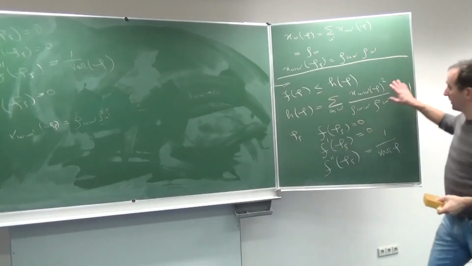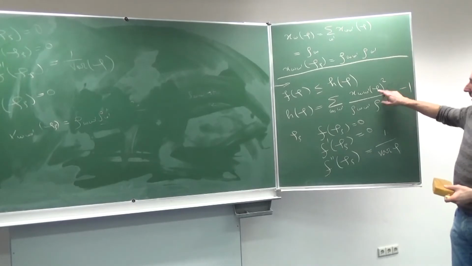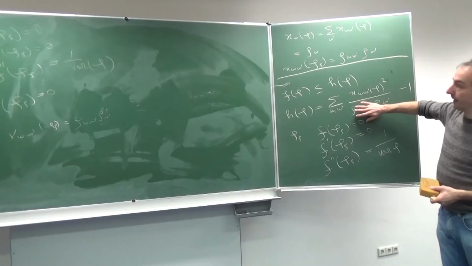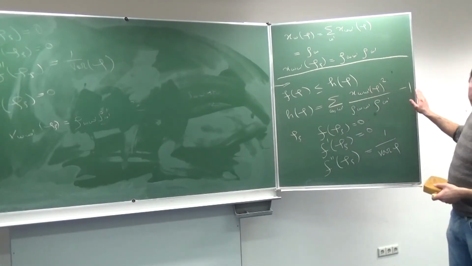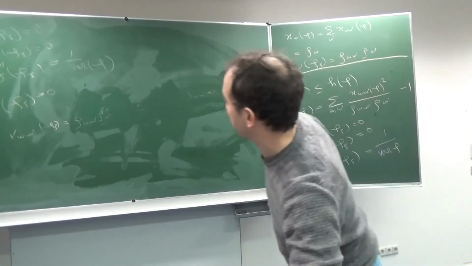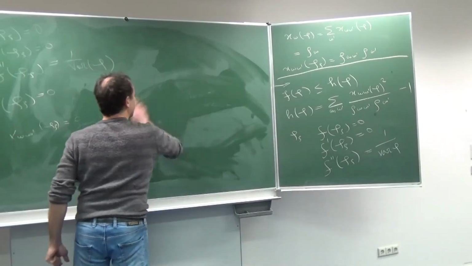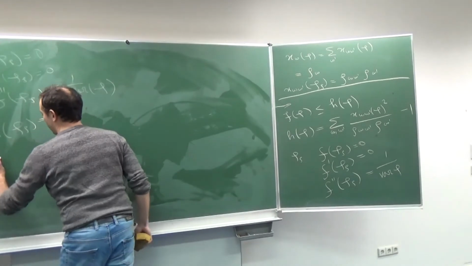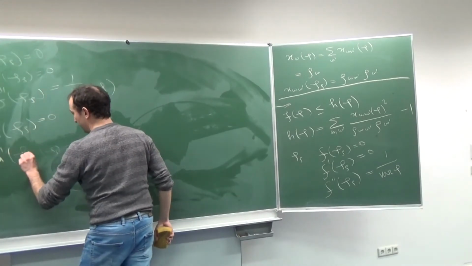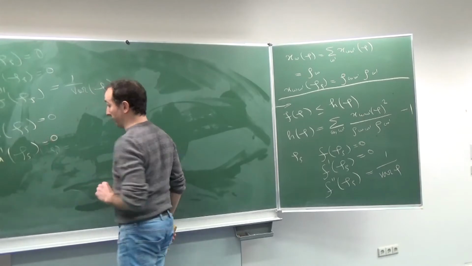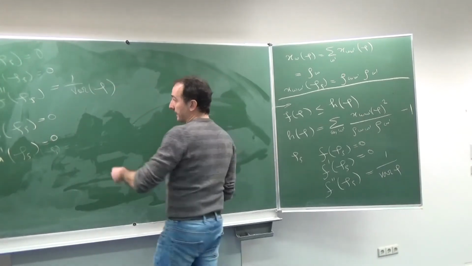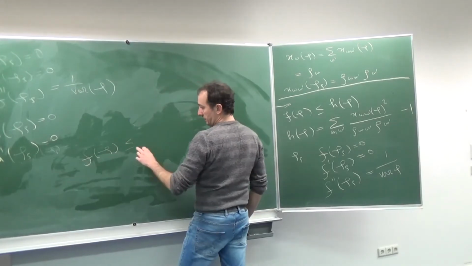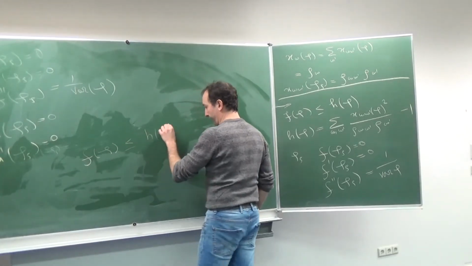Then you plug it in here, and you obtain this. One of these cancels with one of these, and then you get 1 minus 1 equal to 0. You can also do it as an exercise, that h prime at that particular value is 0. And then we have that f must be less than h of phi.